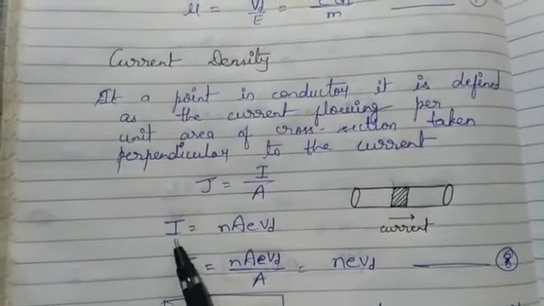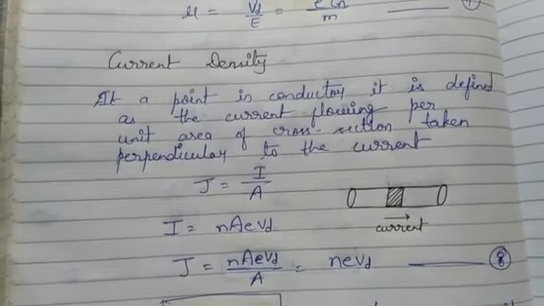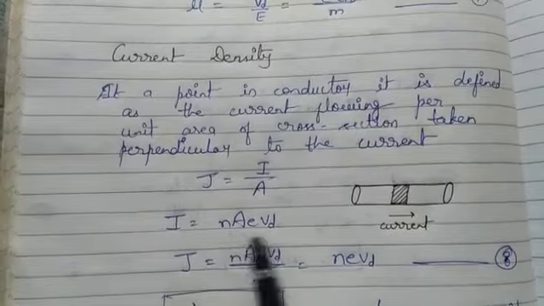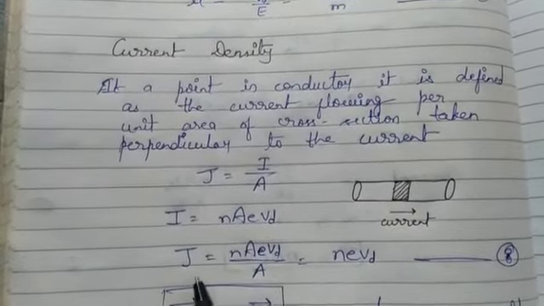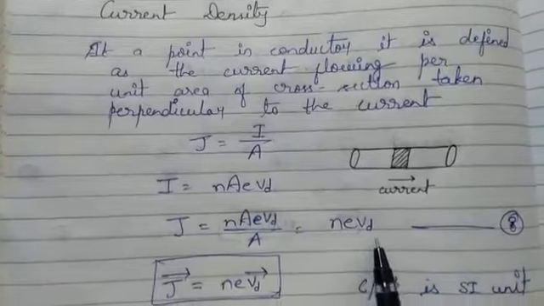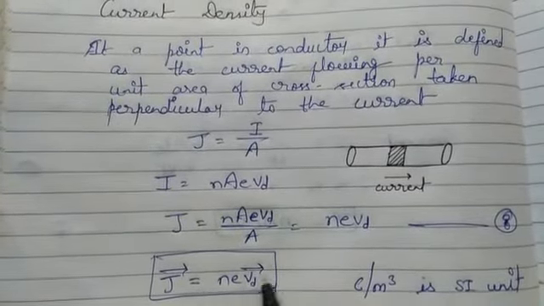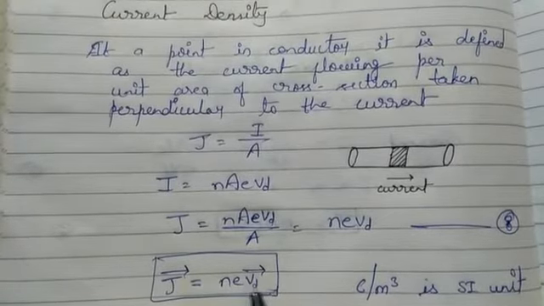We know I equals n A e Vd; in the previous lecture we have discussed that. When we put the value of I in J, A will cancel out and J equals n e Vd. If we want to write it in vector form, vector J equals n e vector Vd.